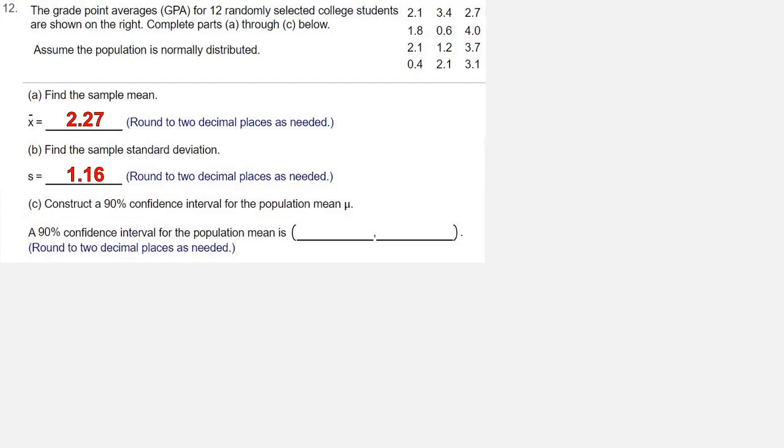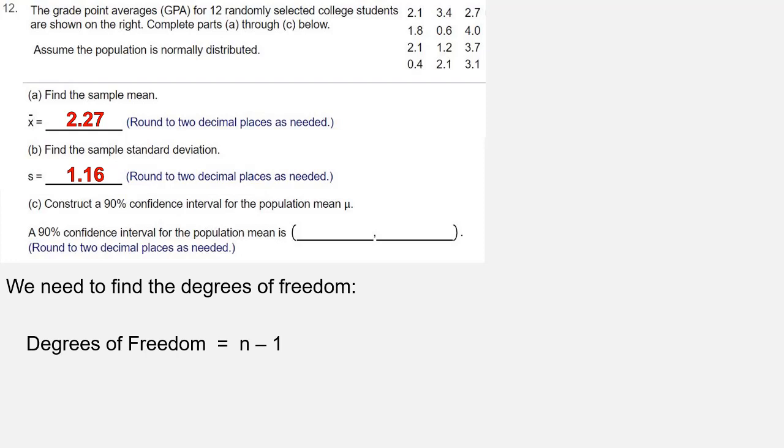Since we don't have the population standard deviation, this is a t-distribution problem. Whenever we're doing a t-distribution problem, we have to start by finding the degrees of freedom. Degrees of freedom are n minus 1. Here n is 12 because we had 12 students sampled, so 12 minus 1 is 11.